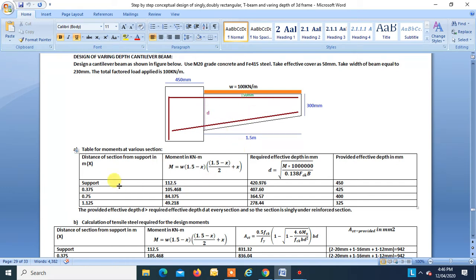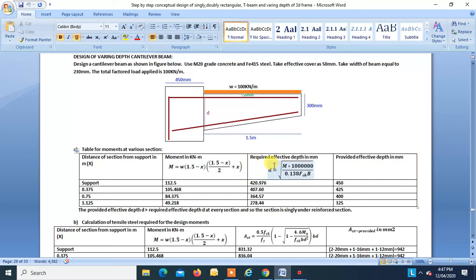Let us find the moment at this section first. Use this formula, you get the moment at each section. These moments are in kilonewton meter.